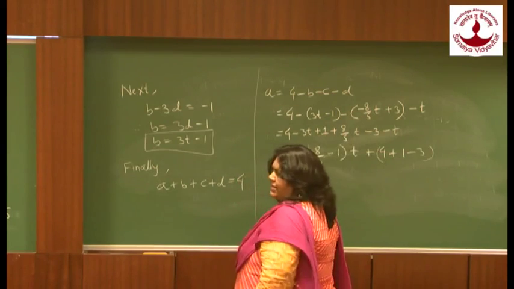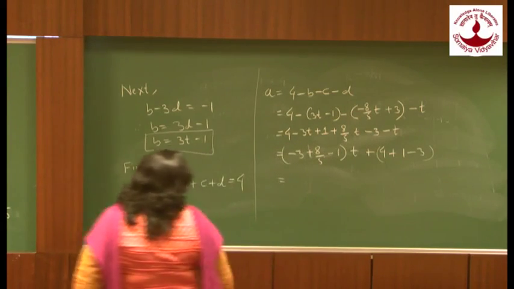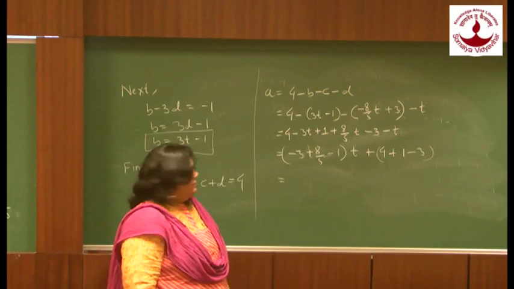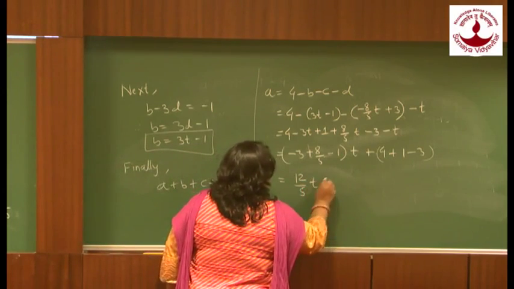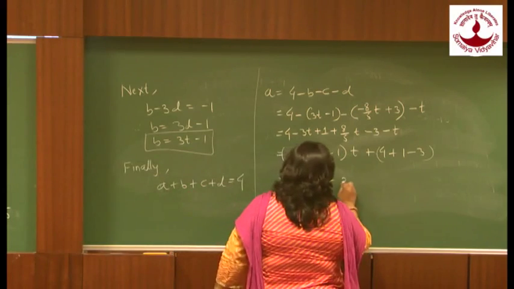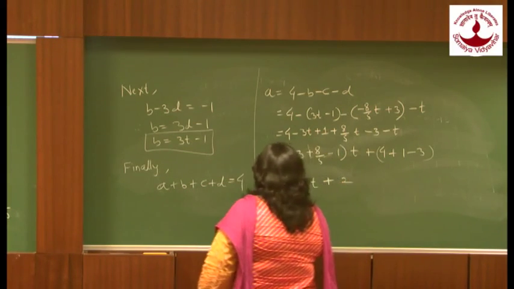So we can simplify this, get the coefficient of t: 12 by 5 t. That will get us 12 upon 5 t plus 2. That is the value of A.